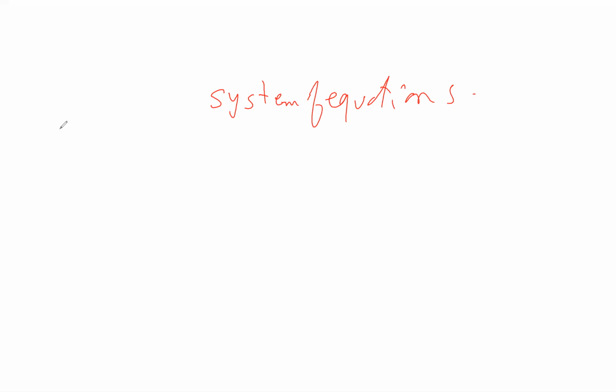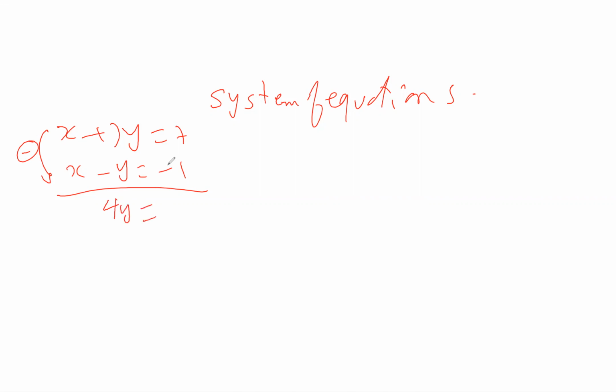As we have solved, if you have equations like x plus 3y equals 7 and x minus y equals negative 1, to solve them algebraically, you can subtract the two equations to get one of the variables. x minus x is 0, and 3y minus negative y is 4y, equals 7 minus negative 1, which is 8.